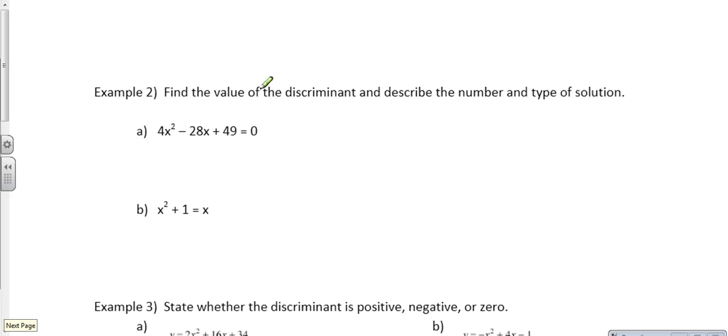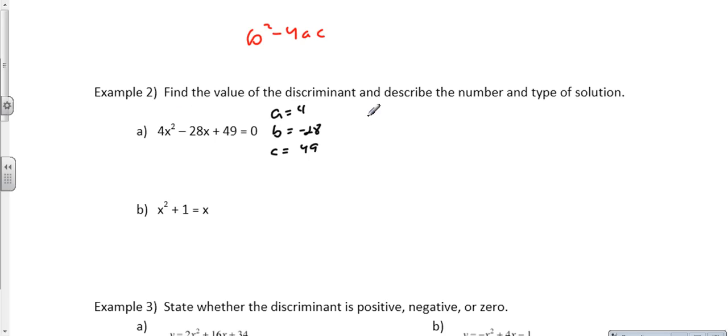Example 2: what is the discriminant, and how many and what type of solutions are there? So again, we're going to use the discriminant here. In other words, b squared minus 4 times a times c. If this is in standard form, in which it is, a is equal to 4, b is equal to negative 28, and c is equal to 49.